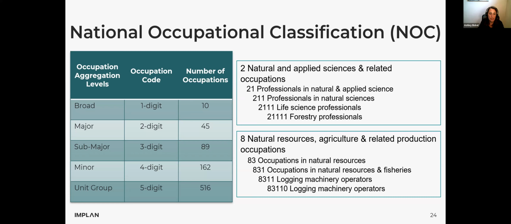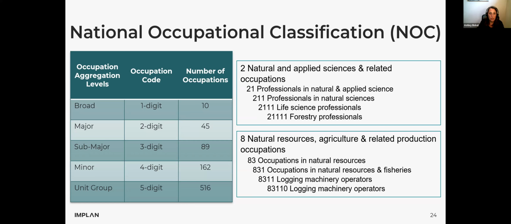A 3 in the second digit means that the occupation requires a college diploma, an apprenticeship training of less than 2 years, or more than 6 months of on-the-job training. Each additional digit up to the 5-digit unit group code adds more detail to specify the nature and characteristics associated with a given occupation. The most detailed code is the 5-digit unit group code, of which there are 516 occupations, and you have access to this data in IMPLAN.